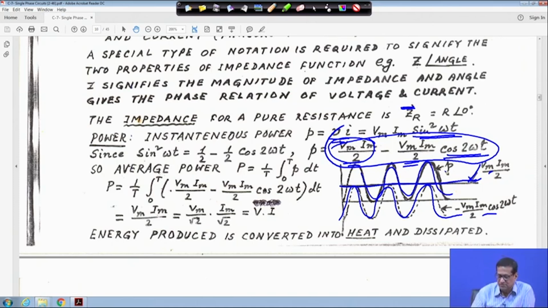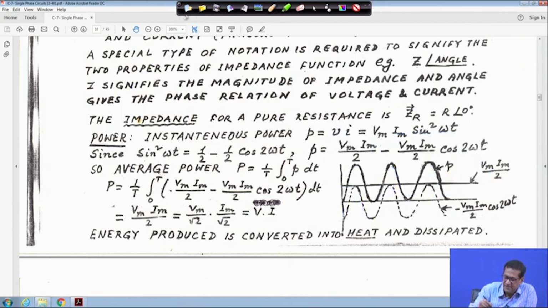When you integrate over the total time interval, you get the average power. So, P is equal to 1 upon T, integral from 0 to T of Vm Im by 2 minus Vm Im by 2 cos 2 omega t dt. If you integrate this using the relationship omega is equal to 2 pi by T, you will get V into I, where V is the RMS value of the voltage and I is the RMS value of the current.